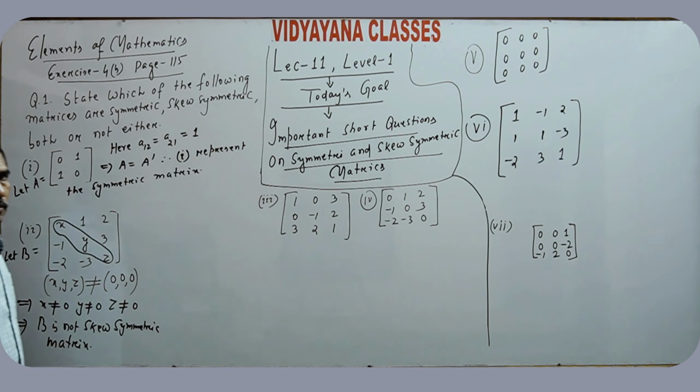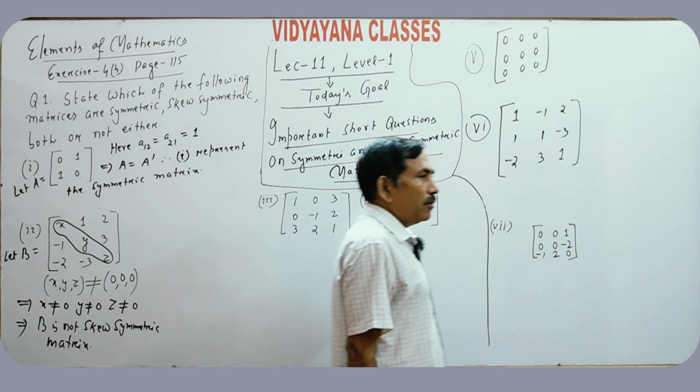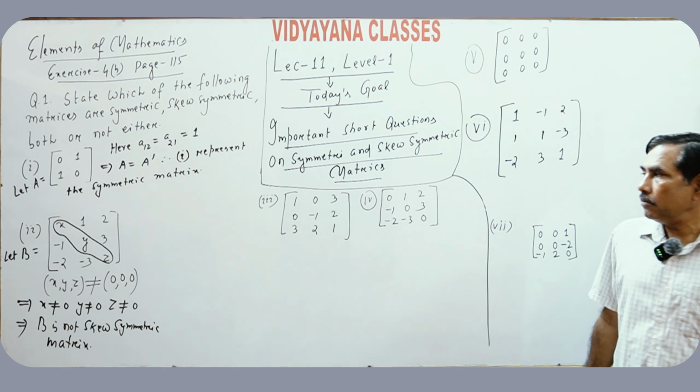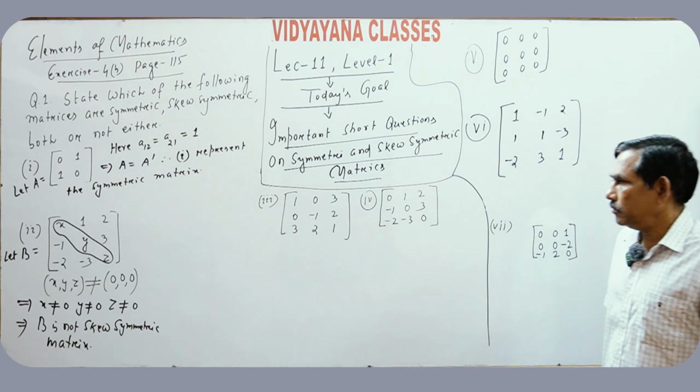In a skew symmetric matrix, all elements in the diagonal are 0.